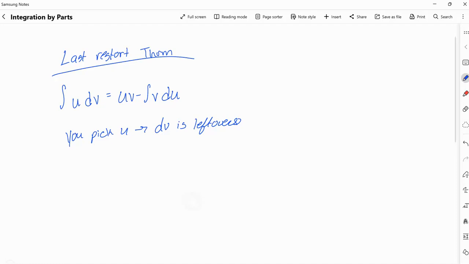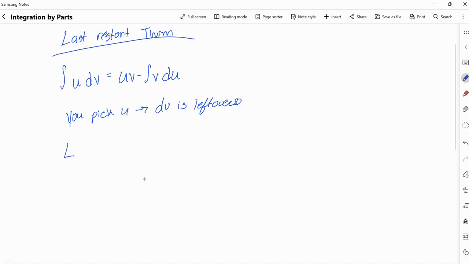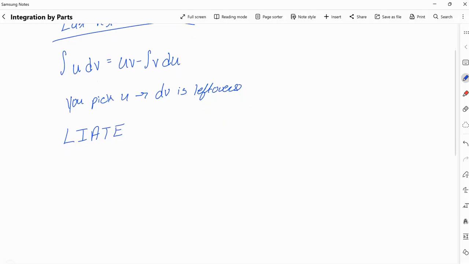So what are strategies for picking u? You can remember this acronym to help you figure out what you should pick for u. LIATE. If there's a logarithmic part, try picking the logarithmic part for your u.